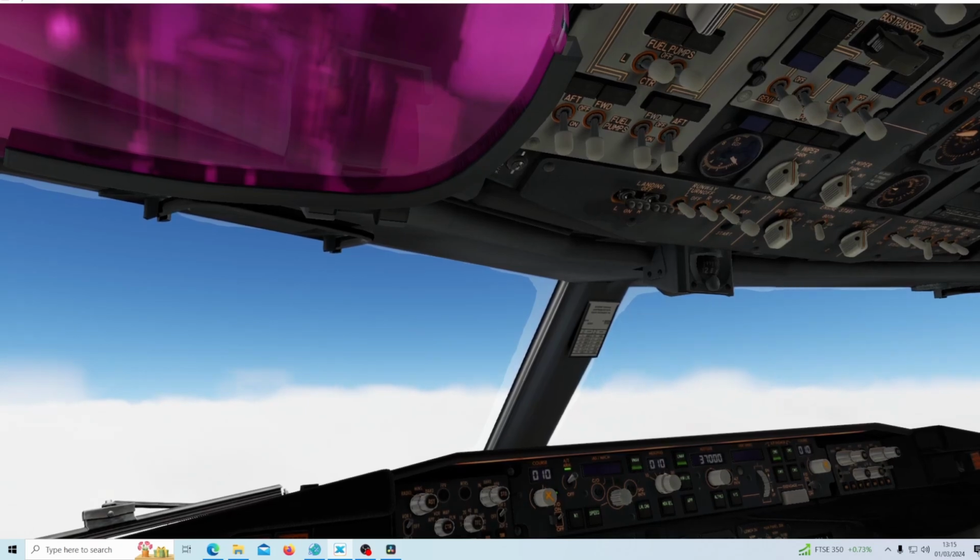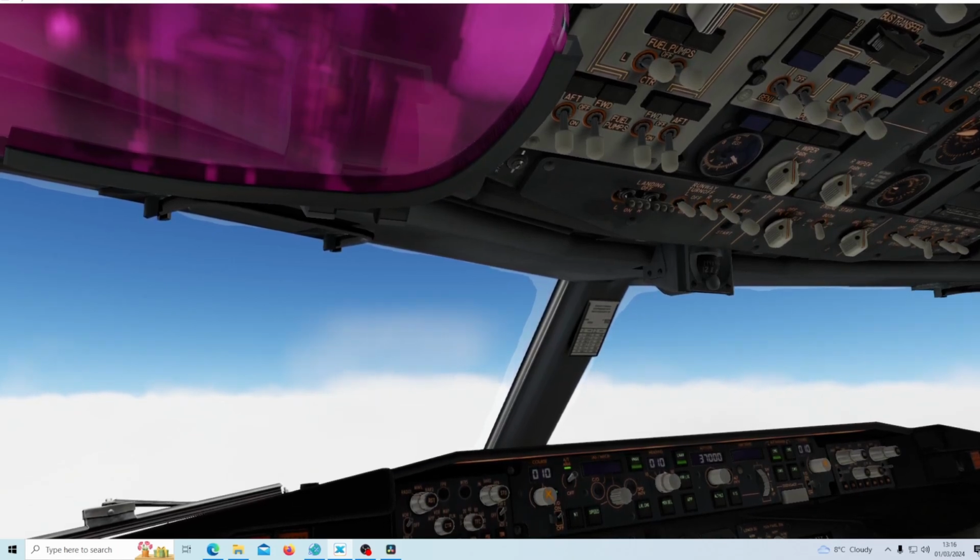Seeing as we're below 10 degrees, that's an engine anti-ice requirement, but we're below minus 40, which cancels the engine anti-ice. As long as we're in cruise or in climb, we're okay, but as soon as we start to descend, that's when we need engine anti-ice.